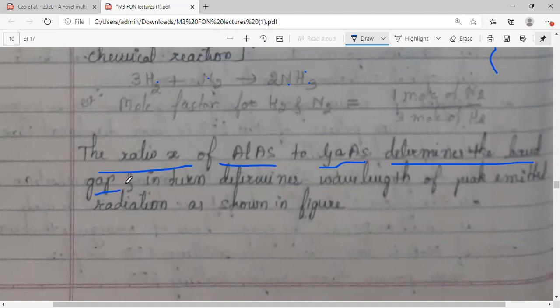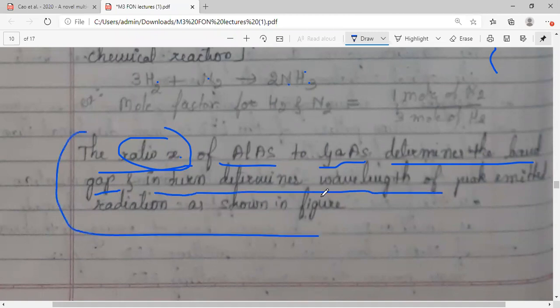But if you go for these binary and ternary compounds, you will get a direct band gap, especially by the proper choosing of this X. We can have a better radiance, and in turn it will determine the wavelength. The statement I have written here: the ratio X of these two compounds determines the band gap, and in turn this value of X determines the wavelength.